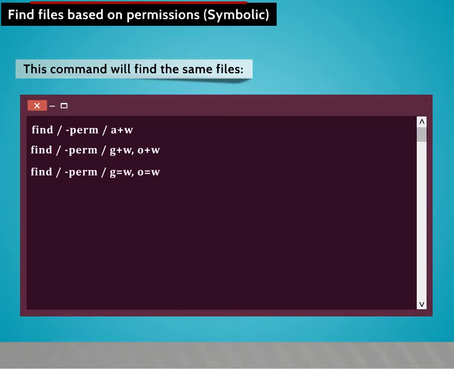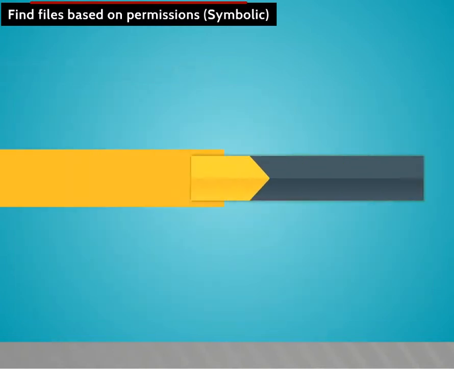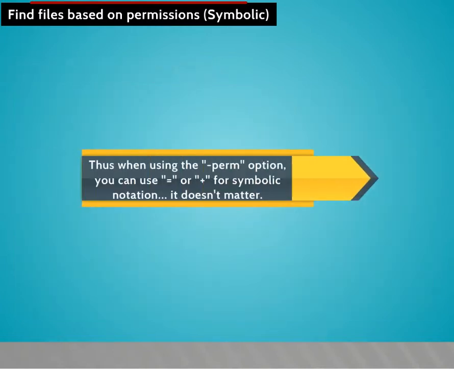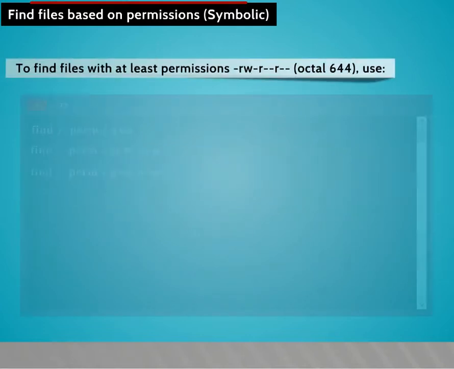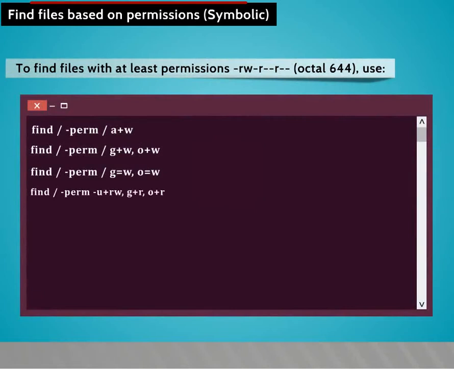This command will find the same files. Thus, when using the perm option, you can use equal to or plus for symbolic notation. It doesn't matter. To find files with at least permissions RW, R, that is octal 644 use.